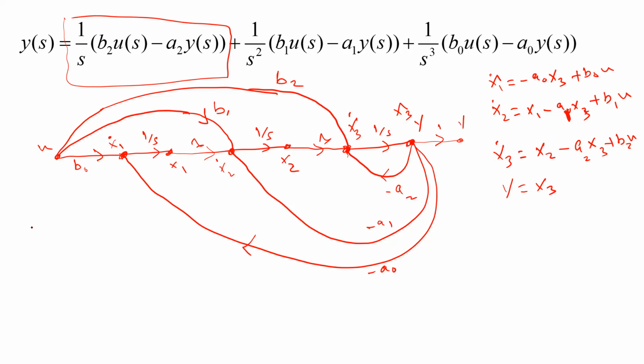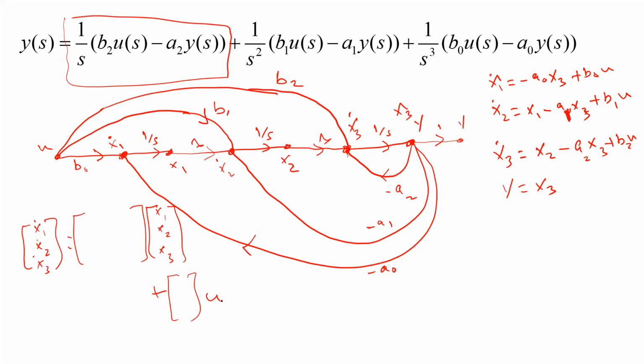Okay, now let me put it in a matrix format. So I will have x1 dot, x2 dot, x3 dot. What's x1 dot? We said minus A naught x3, so 0, 0, minus A naught, plus B naught.